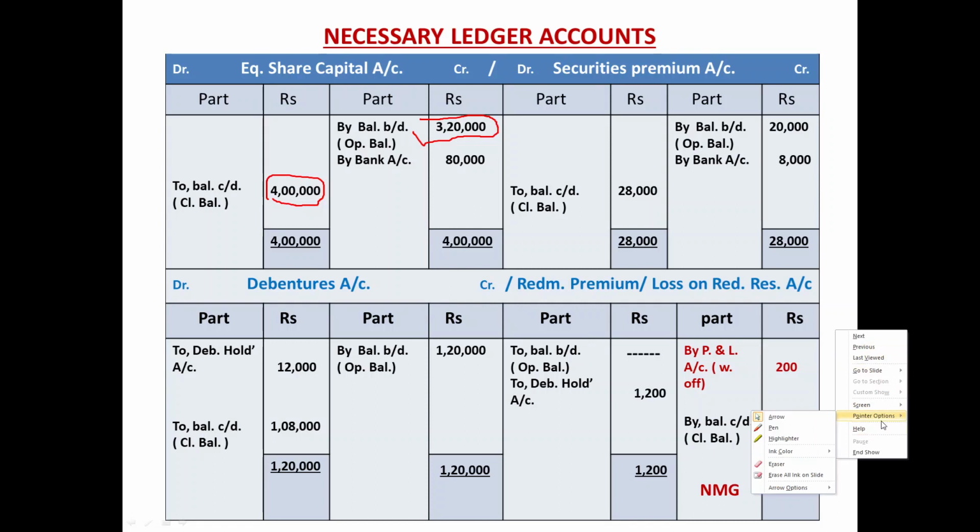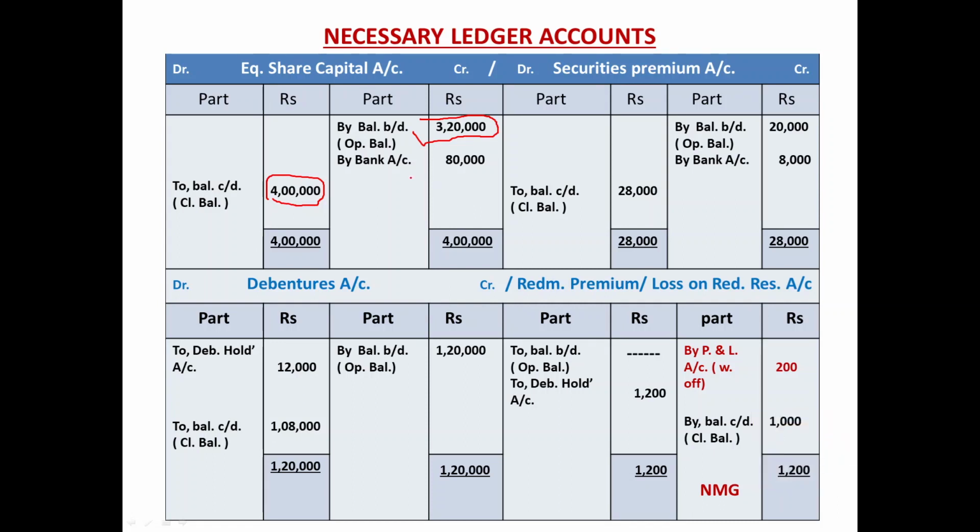Bank account debited 88,000, to equity share capital account credited 80,000, to securities premium account credited 8,000. So this was the posting of the journal entry for the right issue. You can close these two ledger accounts related with right issue. Nothing is there as far as the balancing figure is concerned. It is closed.